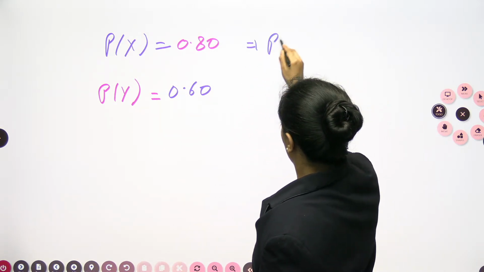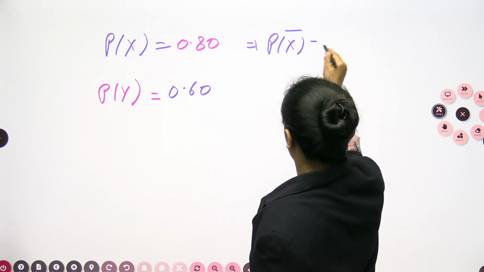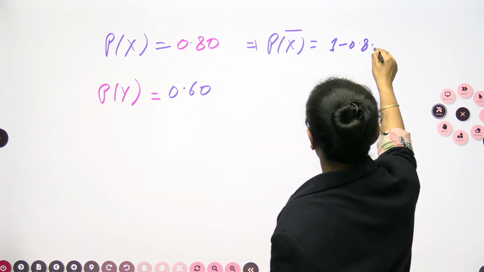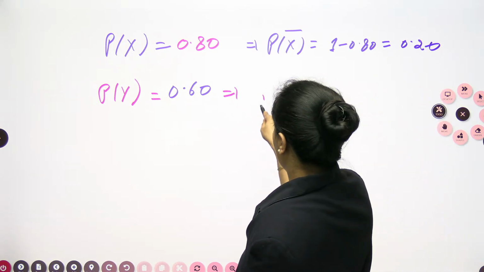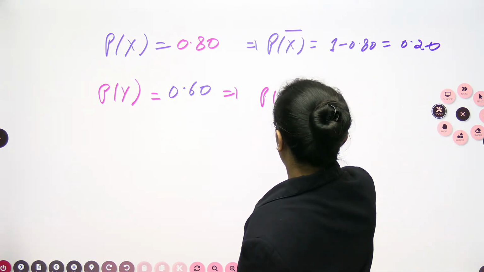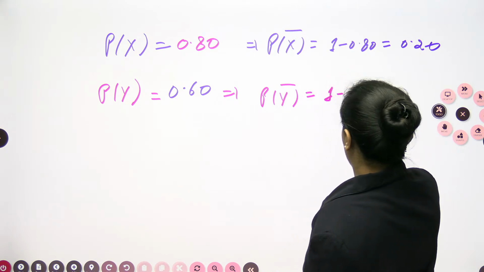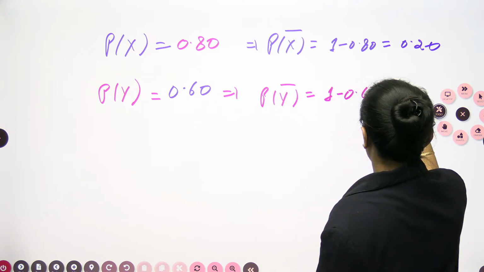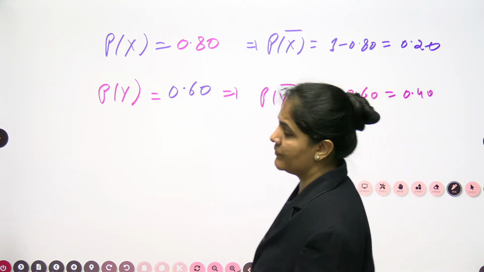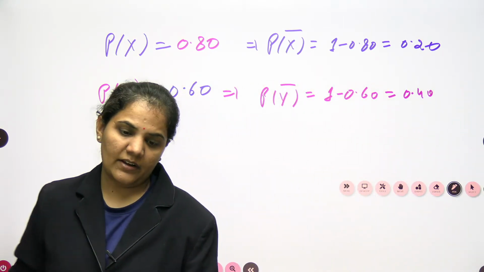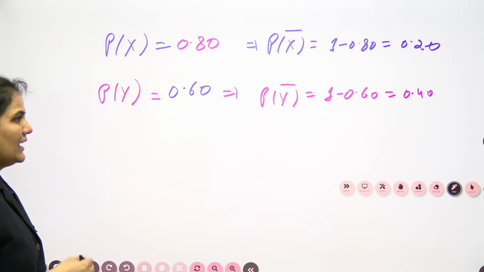Suppose the question is not solved by X, then it is 1 minus 0.80, which is 0.20. The same when the question is not solved by Y, so this is 1 minus 0.60, which is 0.40. So we have X bar and Y bar.